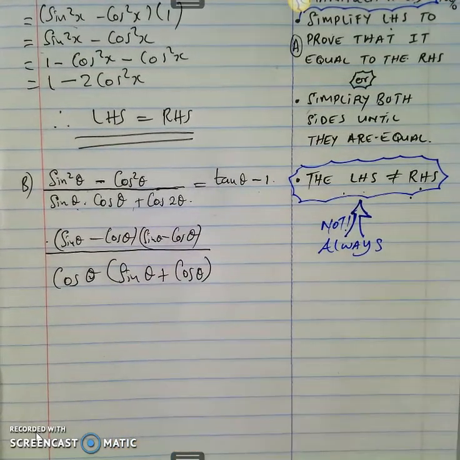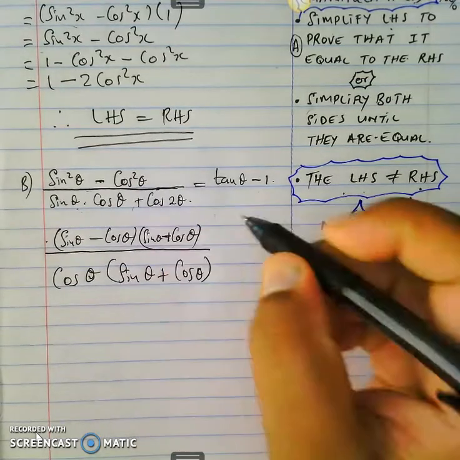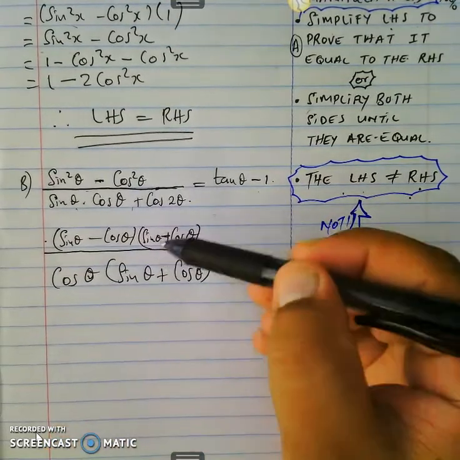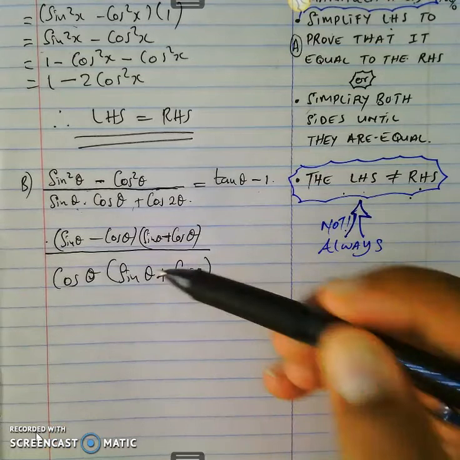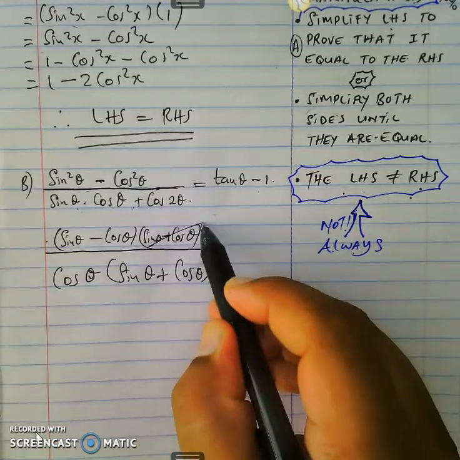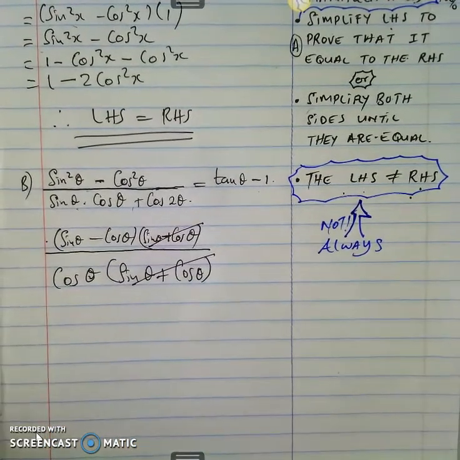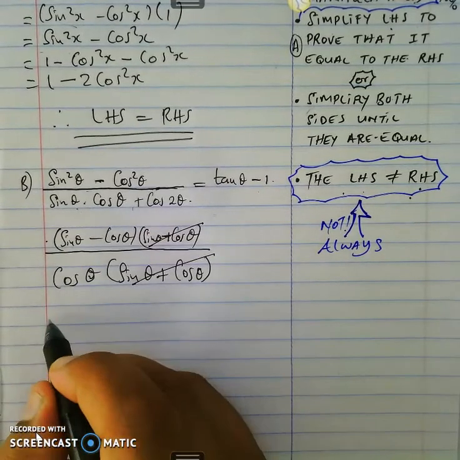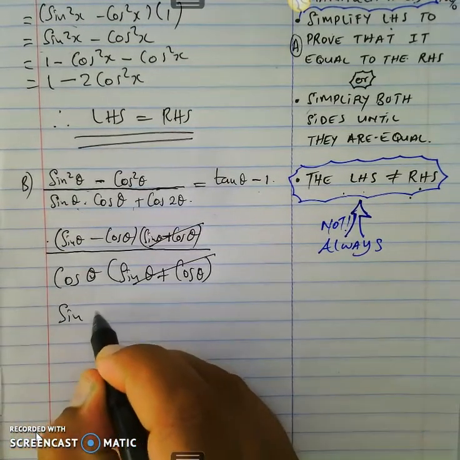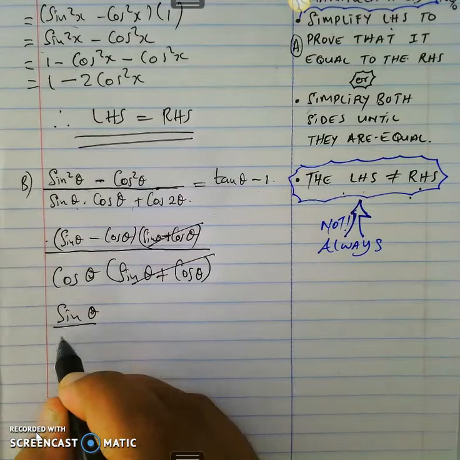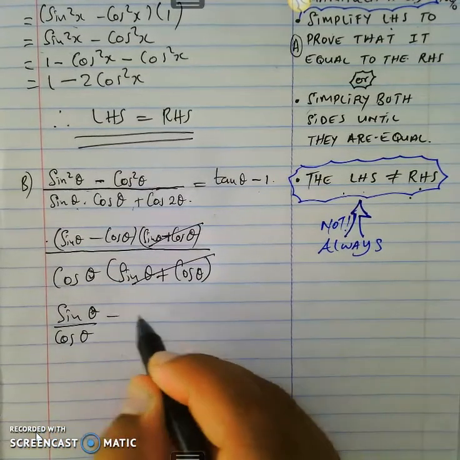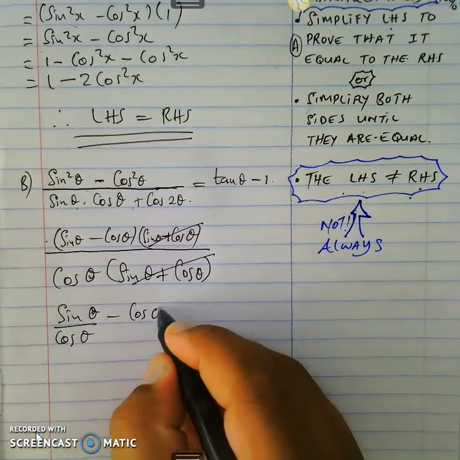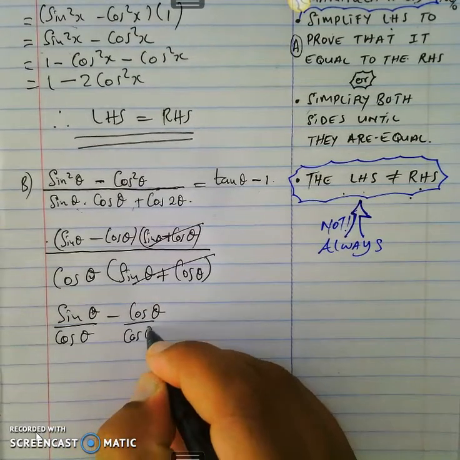So now learners, if I look at my numerator and my denominator, I can see that this factor and that factor will cancel out. And I'm now left with sine theta over cos theta minus cos theta over cos theta.